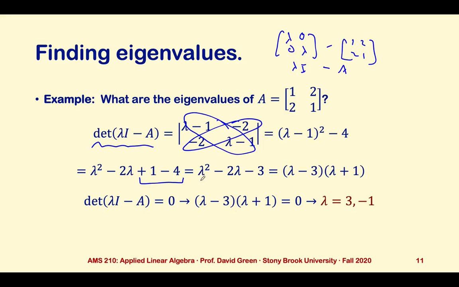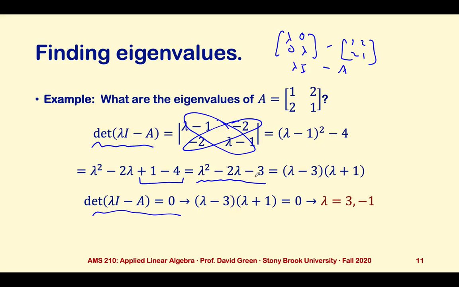And this gives us, as we mentioned, a polynomial. This was a 2 by 2 matrix, so it gives us a polynomial of degree 2 in lambda. We start with a lambda squared term, a lambda term, and a constant term. What we want is to find values where this polynomial equals 0. We want to solve for the characteristic polynomial being equal to 0, the roots of this polynomial.